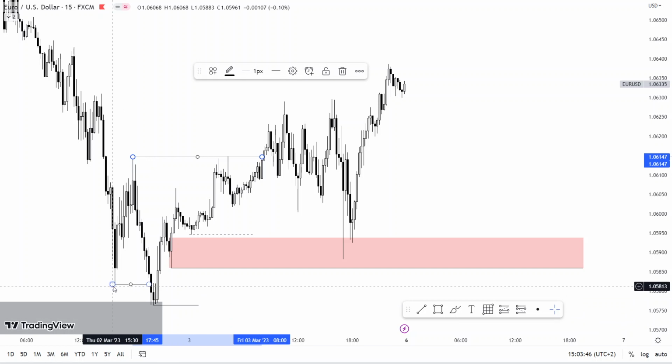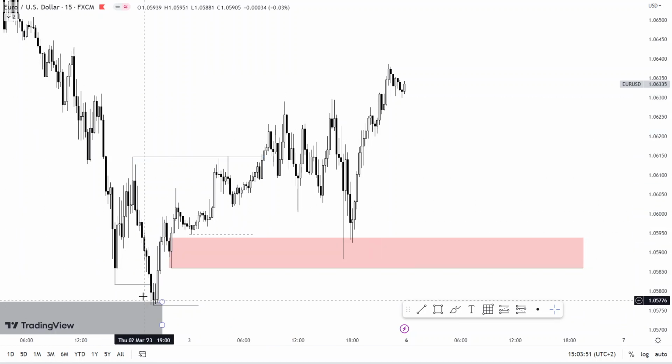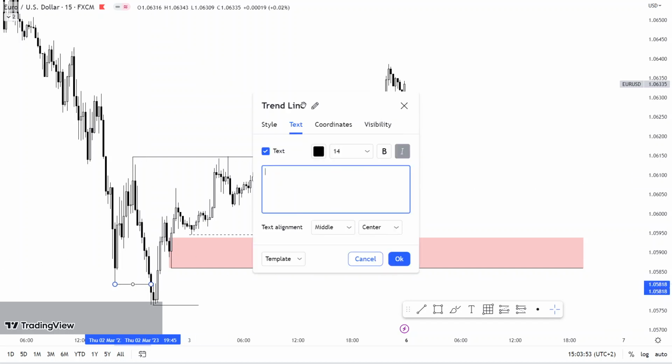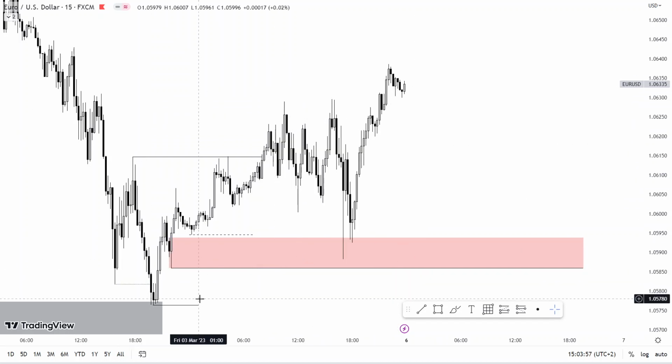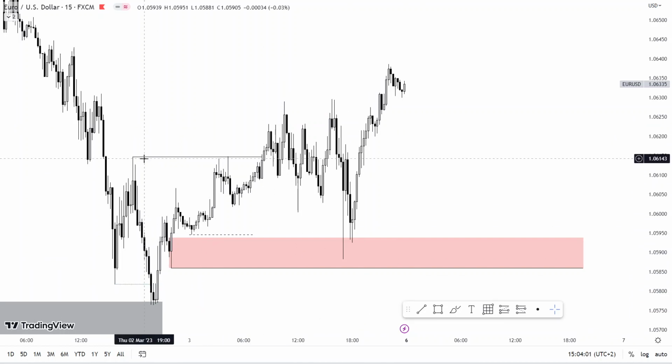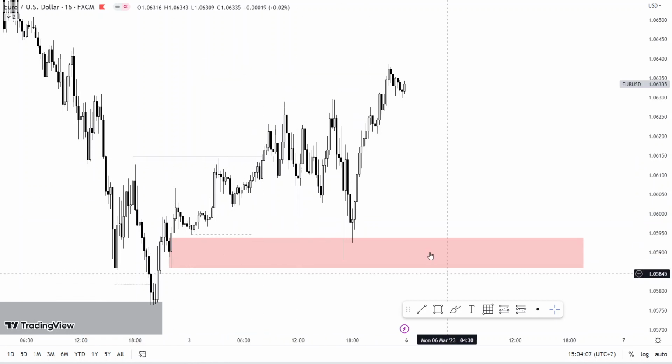So stop hunt right here, right? Break of structure right there, liquidity right here, right? Fine. That's exactly what we want to see in the market.